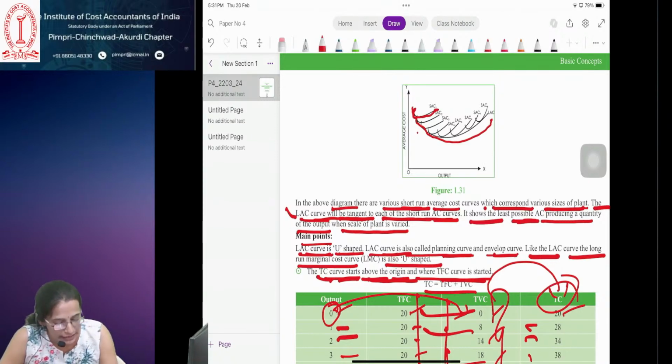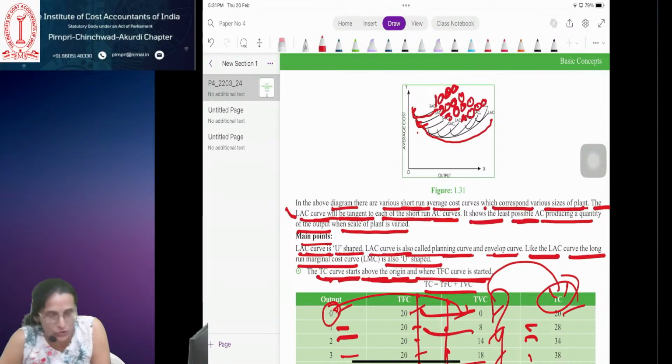Maybe first 1,000 units the firm is producing, second 2,000, third 3,000, fourth 4,000. Various scales are there. The long-term average cost curve will be tangent to each of the short-run average cost curves. It shows the least possible average cost of producing a quantity of output when the scale of plant is varied.